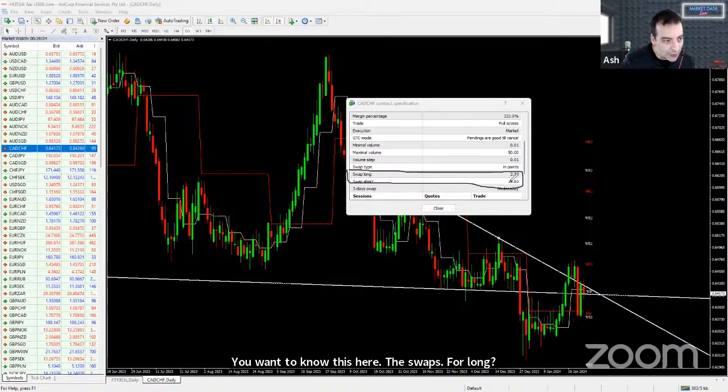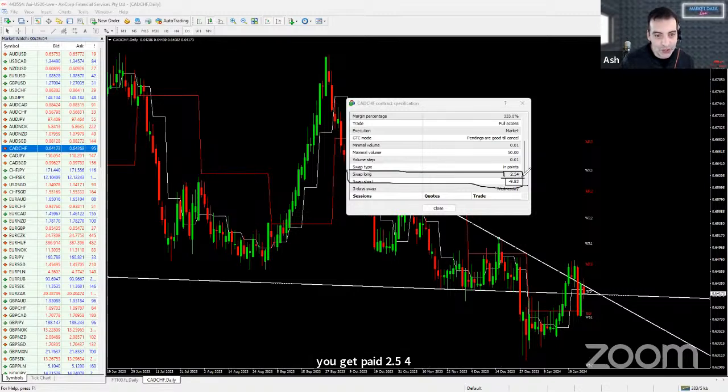When the swaps for long haven't got a minus next to it, you get paid to hold. If the swaps have got a minus, it says swap short. So if you were to go short on this, you get charged a daily rate of 9.83 per standard lot. But if you get your swap long, you get paid 2.54.